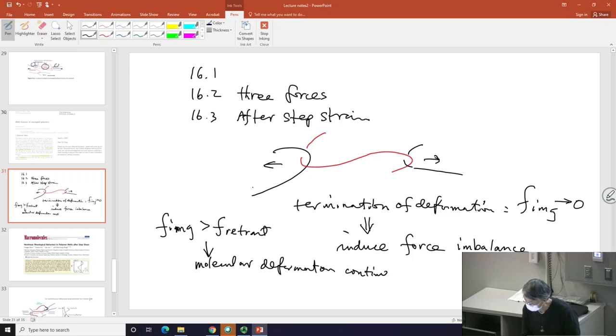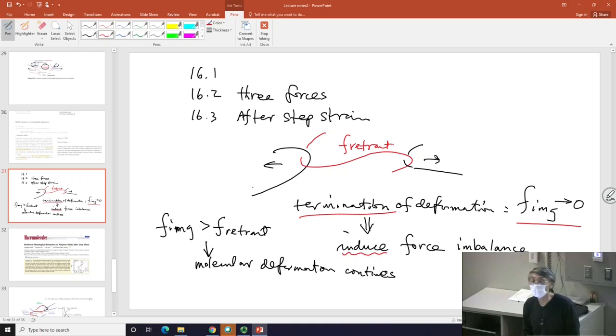But if you turn it off, then you are presumably also turning off the gripping force. In that case, it seems obvious that you will induce force imbalance because there's plenty of retractive force in this chain, and there's nothing to balance it.